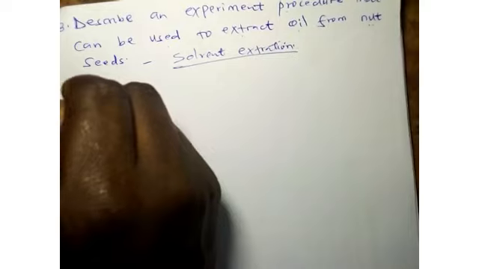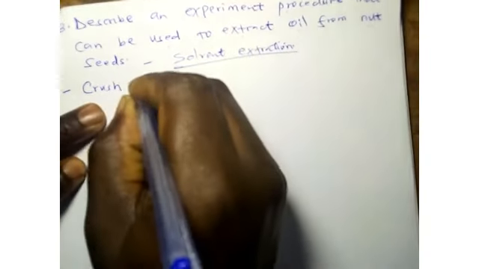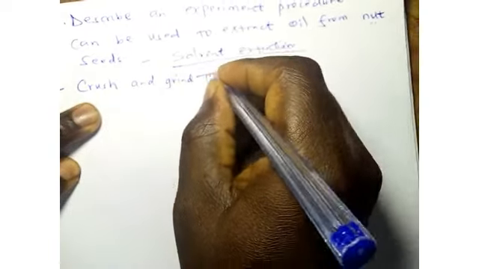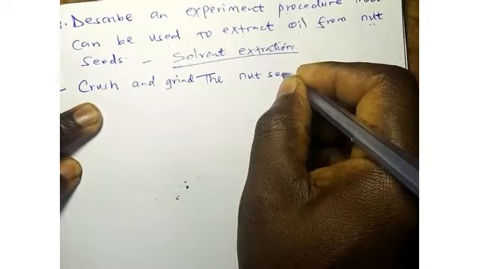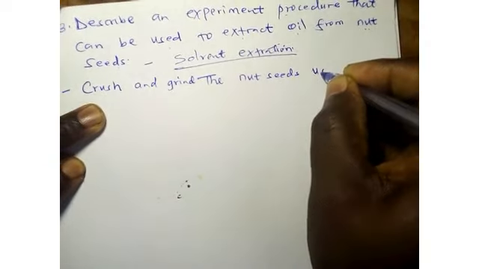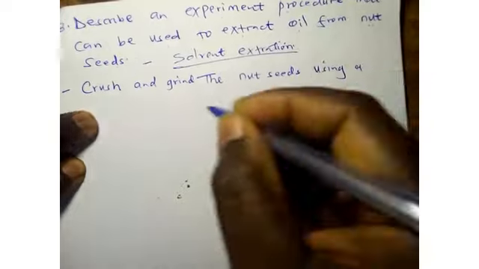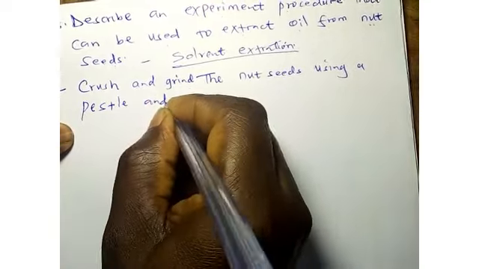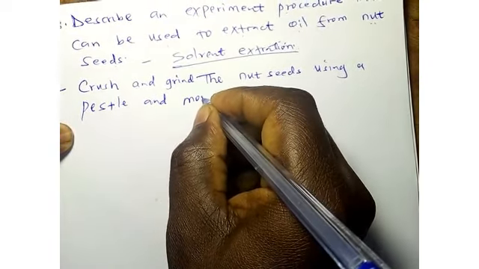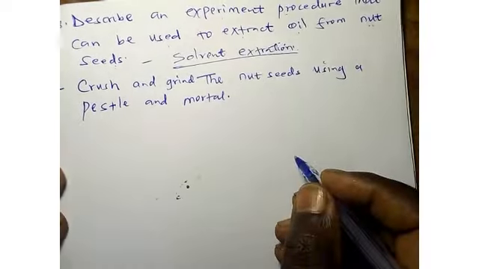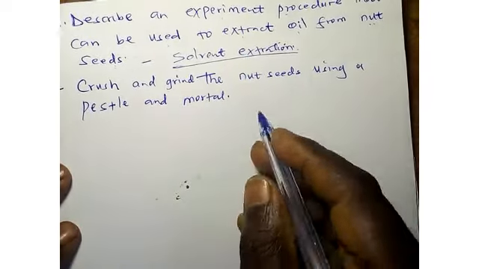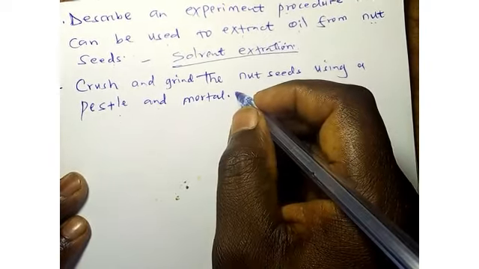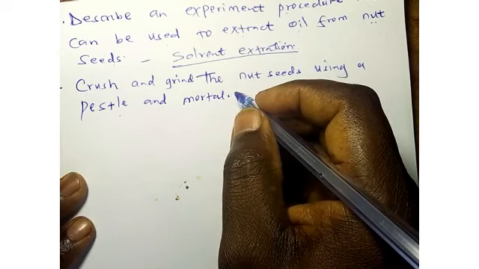So you say crush and grind the nut seeds using a pestle and mortar. After that, you add a suitable solvent.